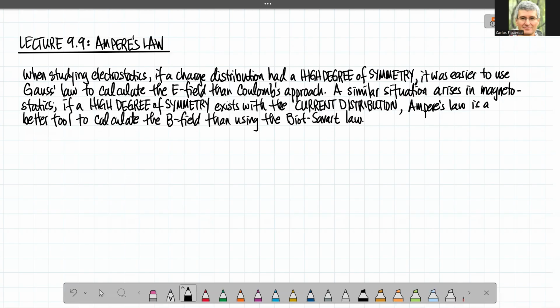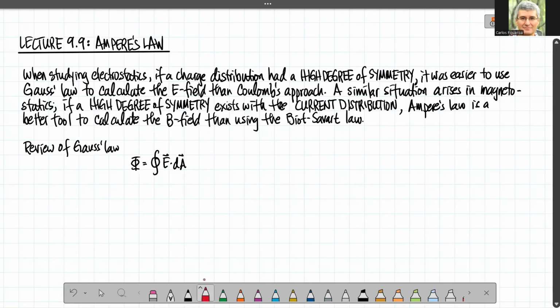So just to remind you about Gauss's law, let's do a very brief review, since the two are very similar. It reads something like this. We have this electric flux, and the electric flux is written as E dot dA. The whole goal here is to integrate this over a Gaussian.